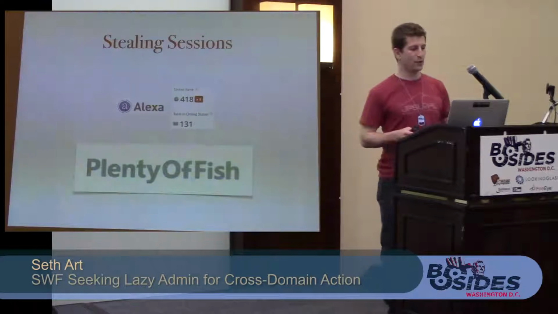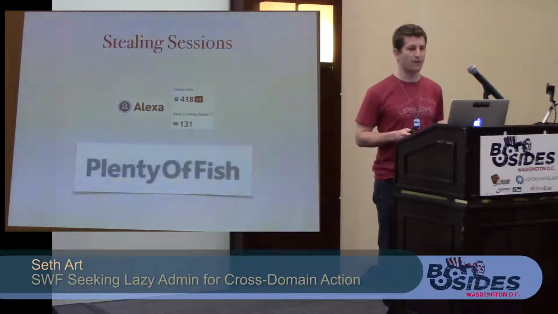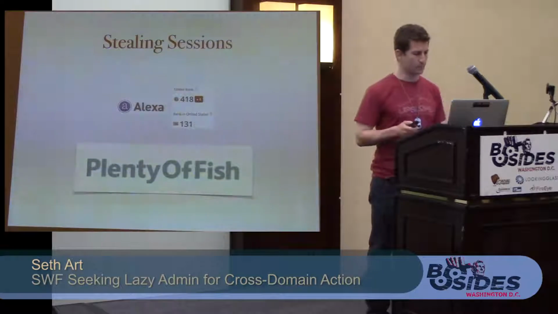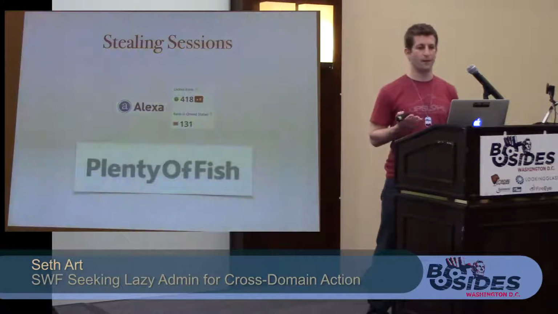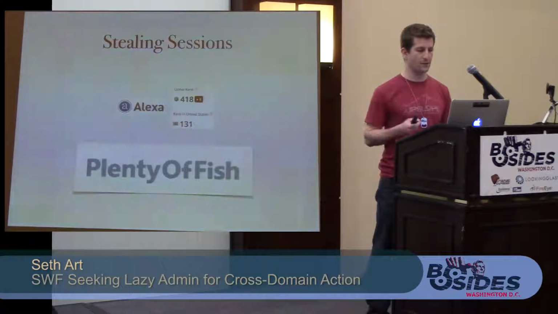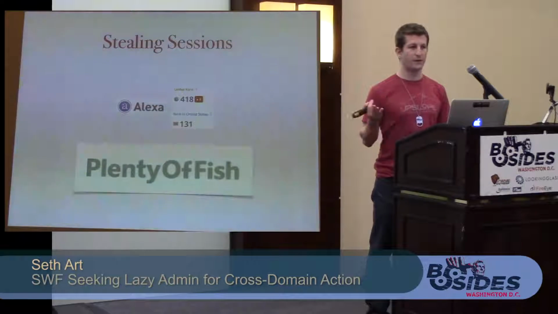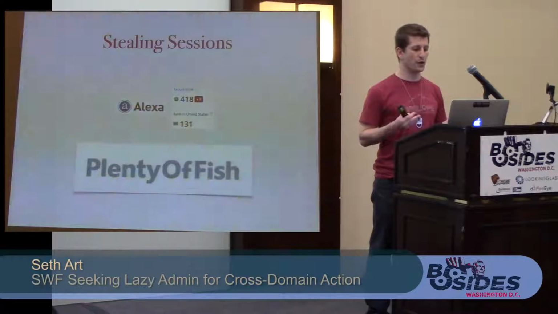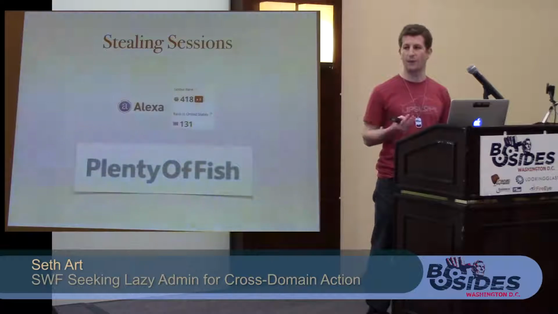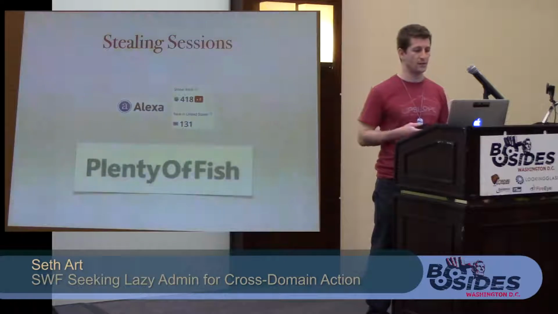So for my next example, I'll use plentyoffish, or POF.com. And a little story about plentyoffish before I get into the details of the vulnerability. If any of you have ever responsibly disclosed a security vulnerability before, you know that the best practice is to send an email to the security@ and support@ email aliases of that organization.